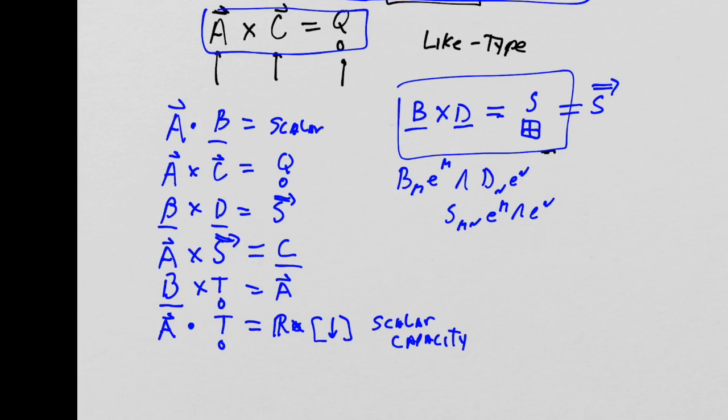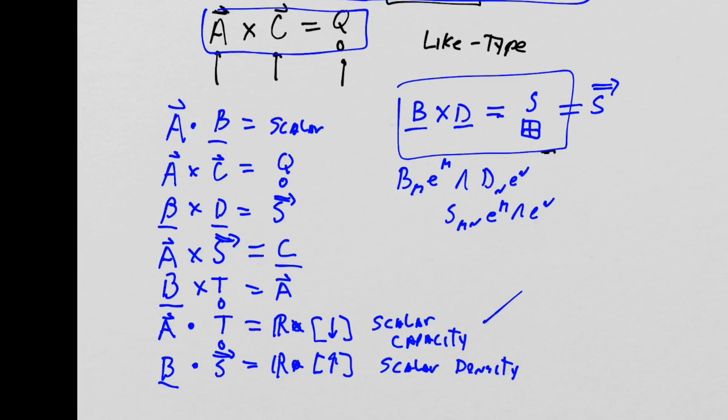I did the stack dot product, the sheaf to give a scalar density, right? So this was a scalar density.